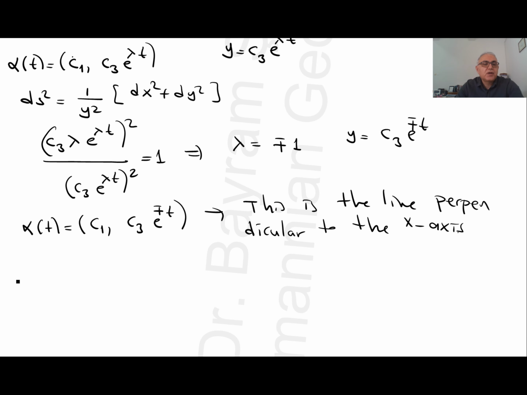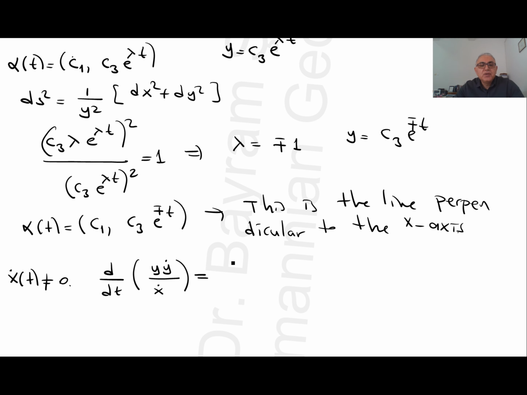So now we consider the case where x prime is not 0. Then we consider this one, d over dt of y prime over x prime.